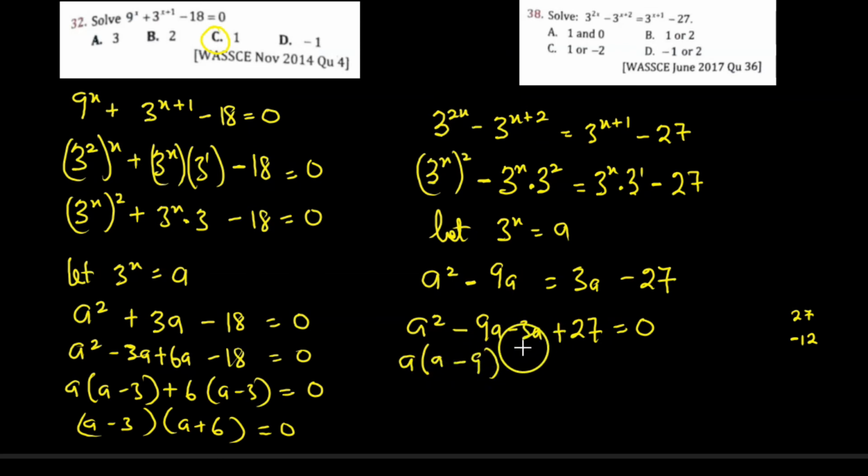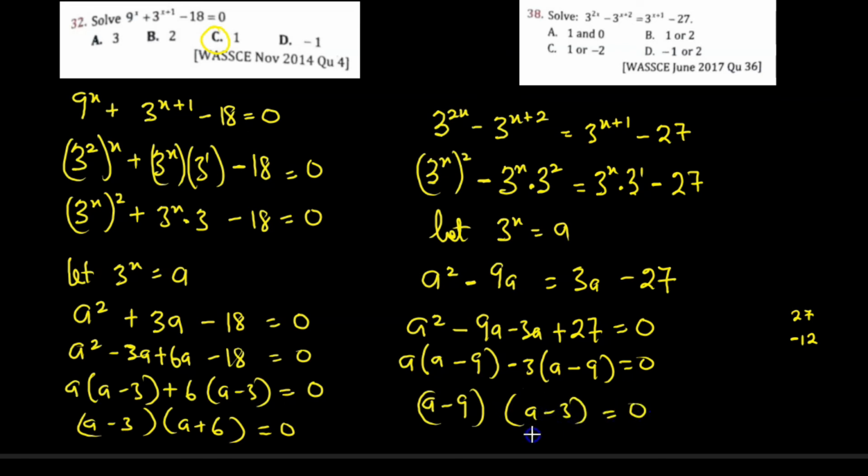And then the other common factor here is negative 3 out, then a minus 9, all equal to 0. Factorizing the next line, we have the common factor as a minus 9 and the other as a minus 3, and all must be equal to 0. Solving for a, it means a is equal to positive 9 and a is equal to positive 3.